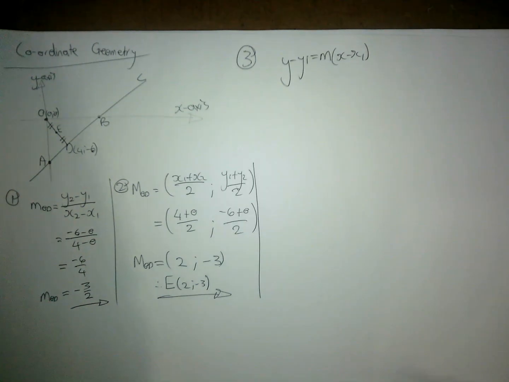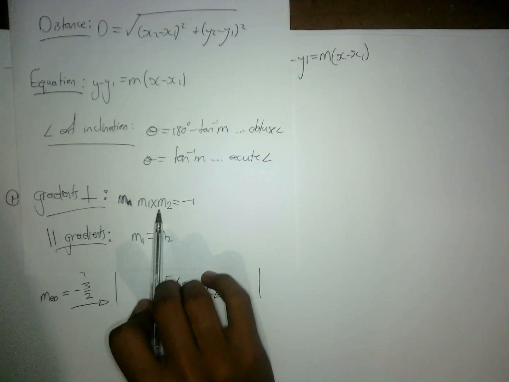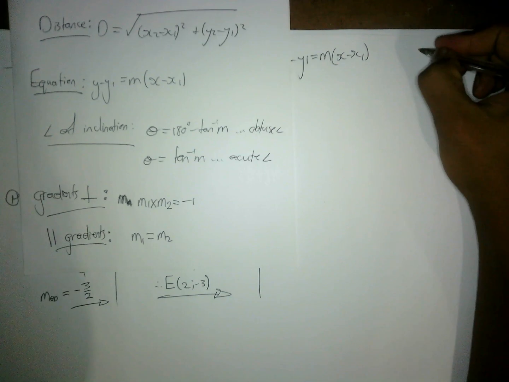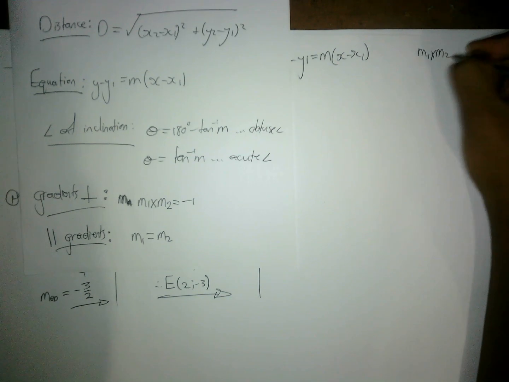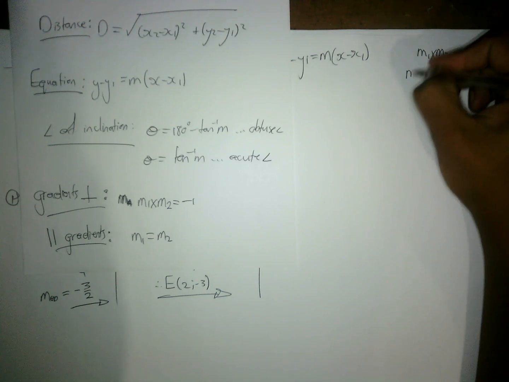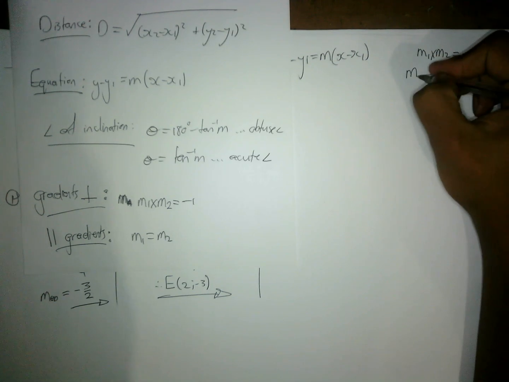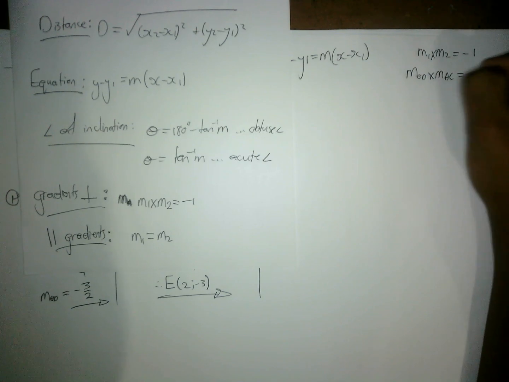We were told that OD is perpendicular to AB. So to determine that, we can use this formula over here. M1 times M2 equals negative 1. Or let's rename it and say MOD times MAC equals negative 1.